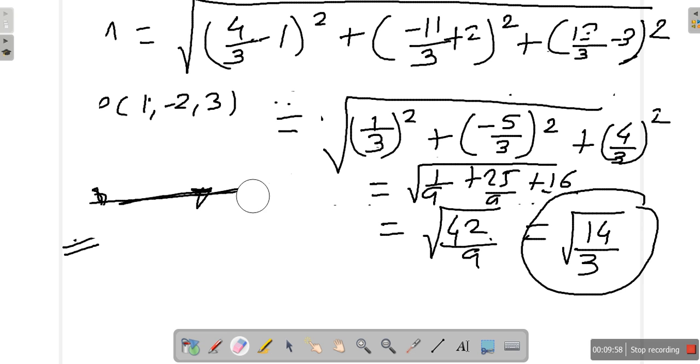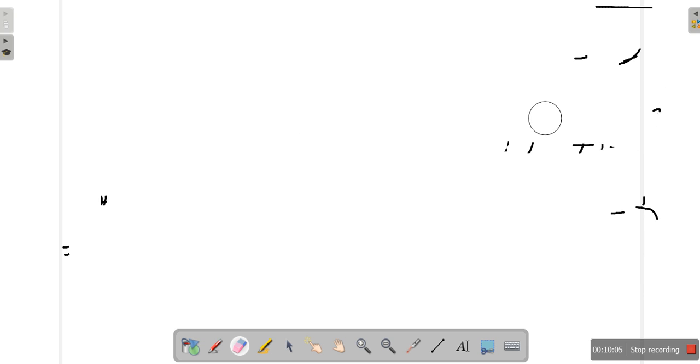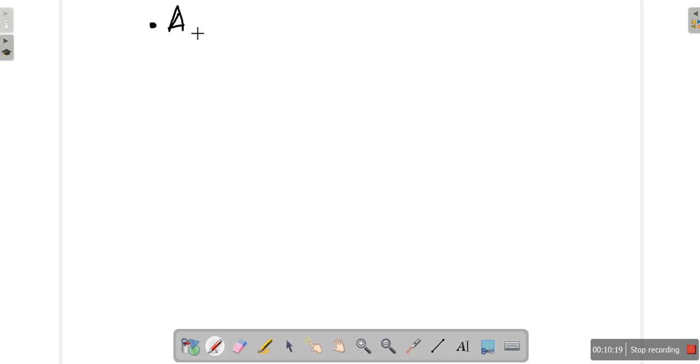So let us use that alternative method to find the distance. What we have here is point P. Let us take this as A1, which is 1, minus 2, 3.